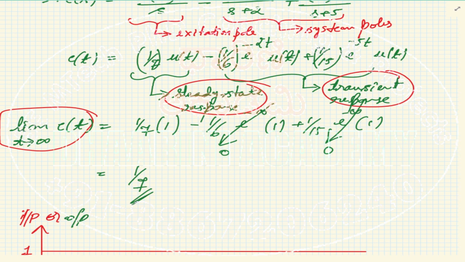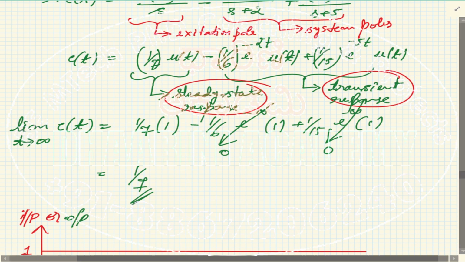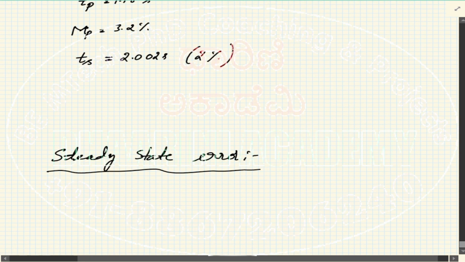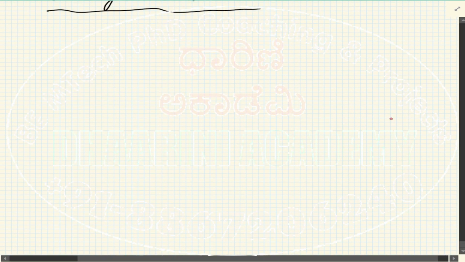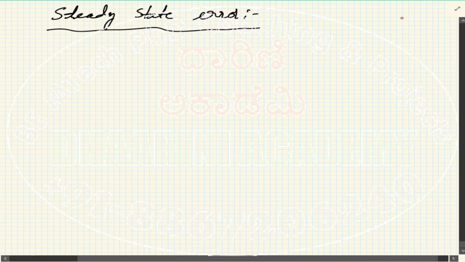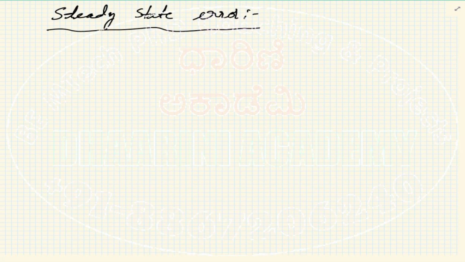So far, this is what we know about the output of any system for a given input. The word steady state has already been coined here, which is the output of the system when the time goes to infinity. Now our intention is to look at the steady state error. It's not the steady state output, it is the steady state error. The steady state output is that part of the output which remains after all the transients vanish.